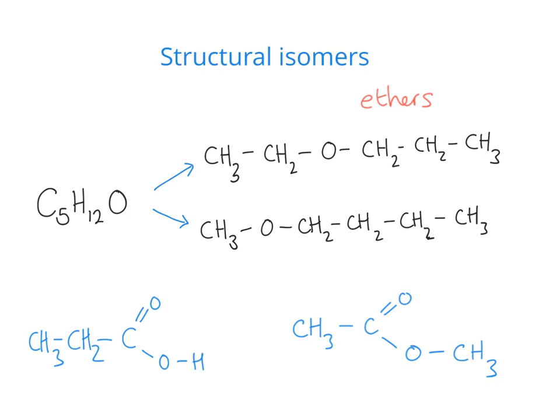And so that would come up in spectroscopy questions about chemical tests, where, for example, you've worked out the molecular formula and you're now trying to work out what the actual molecule is. So just something to be aware of with structural isomers, that you can have completely different functional groups that still have the same molecular formula.